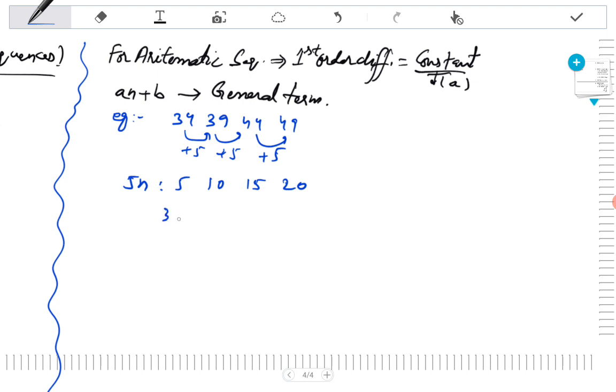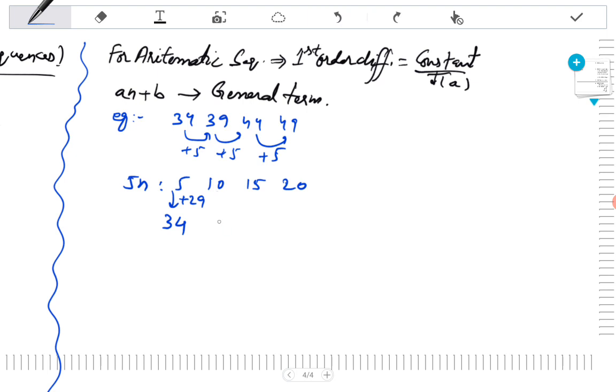And check the original sequence, how it is running. 34. So what am I supposed to do with this 5 in order to make it 34? If I add 30, it becomes 35, so I should add 29 to it.